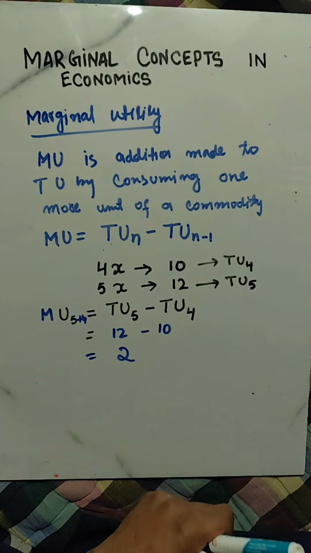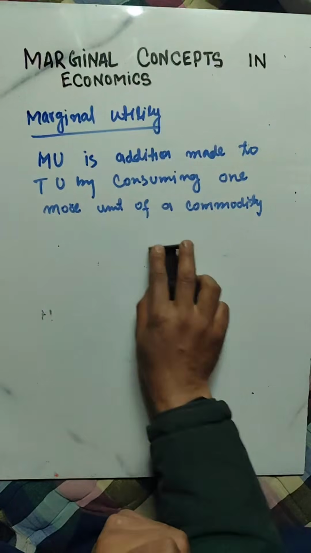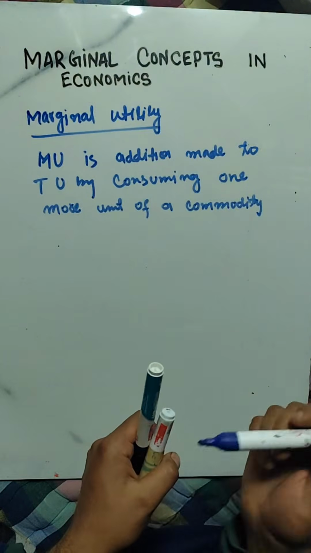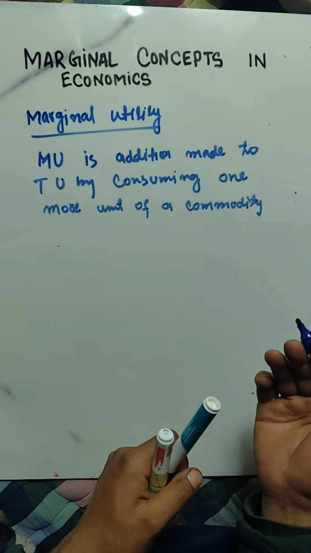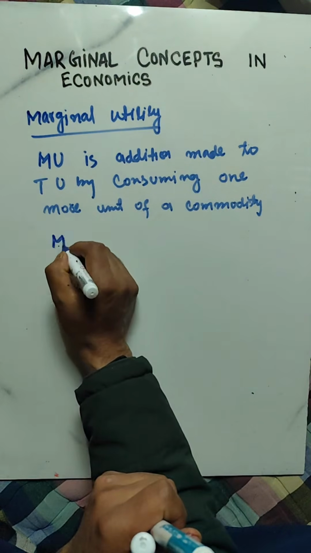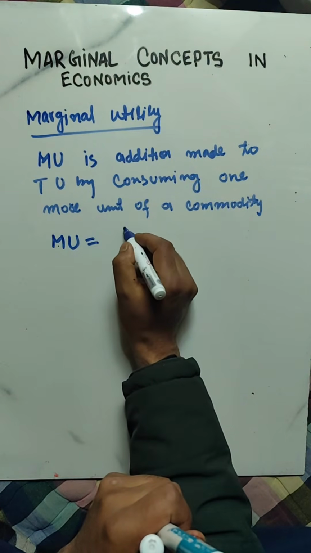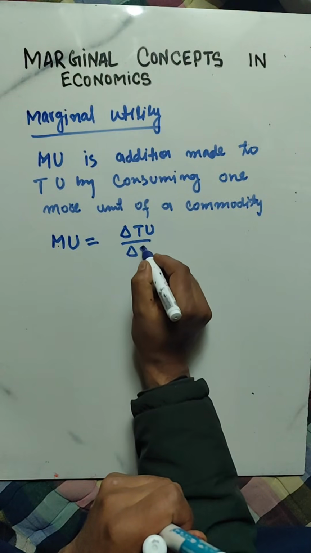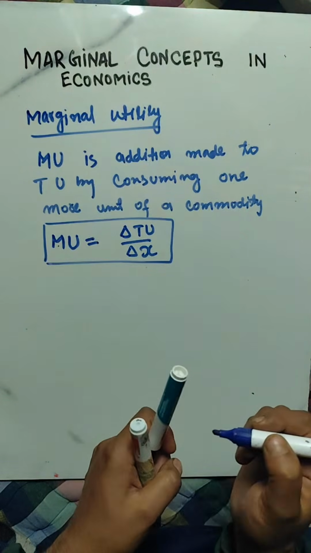Now how do we write it in calculus? Let us take an example. Marginal utility is equal to the change in the total utility due to the change in the consumption of good X, if we have good X in consideration.